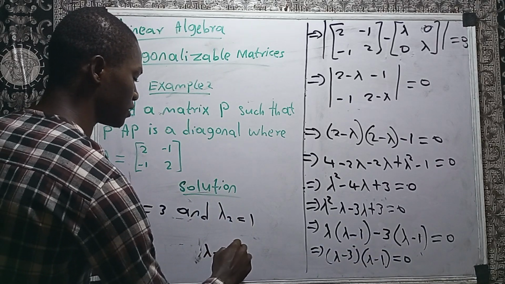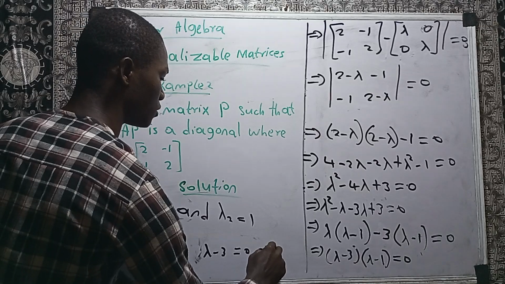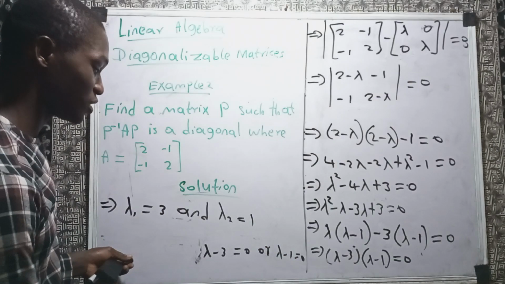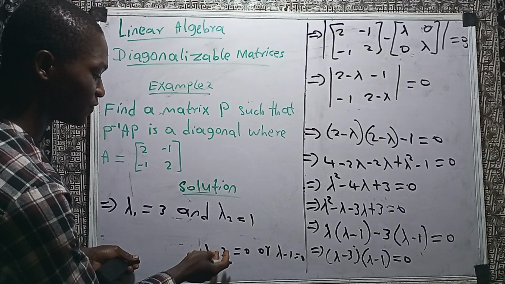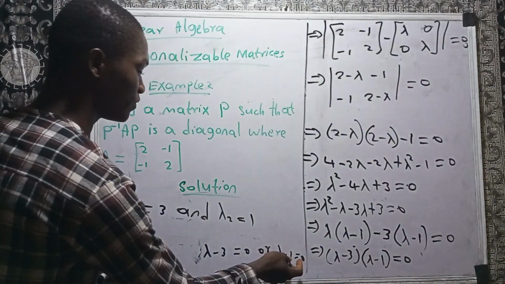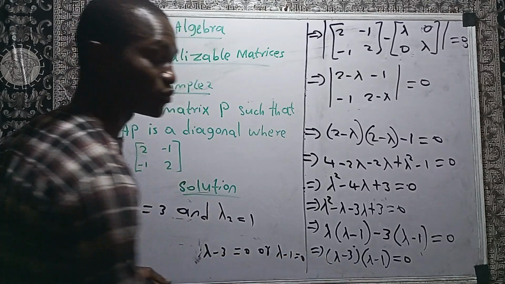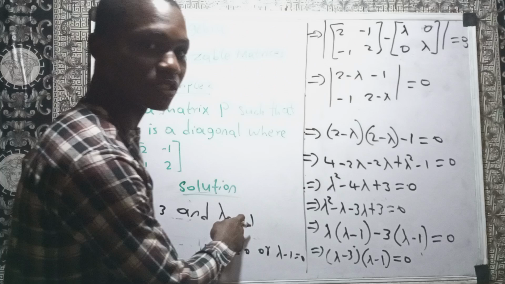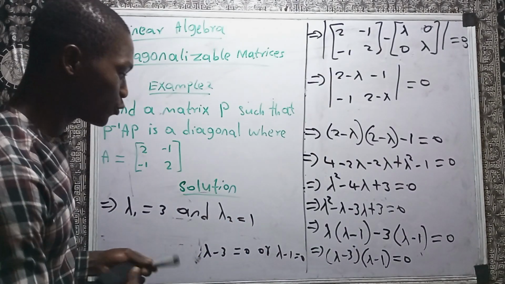Lambda minus 3 is 0 or lambda minus 1 equals what? 0. That's what it means. So here, if you move negative 3 to the right, it will give you what? 3. Positive 3. If you move negative 1 to the right here, it will give you what? Positive 1. So the first lambda will be 3 and the second lambda will be what? 1. So I hope you understood it.